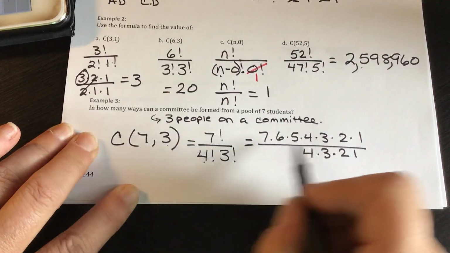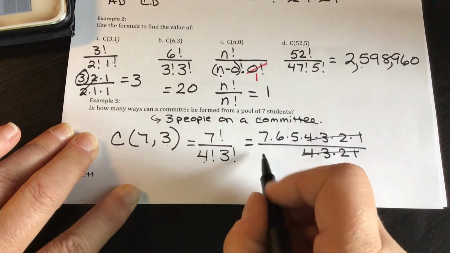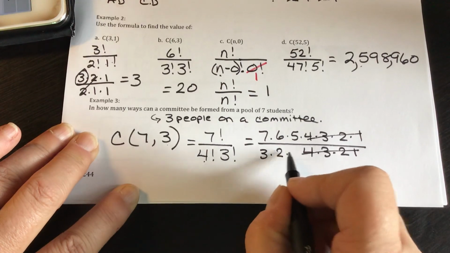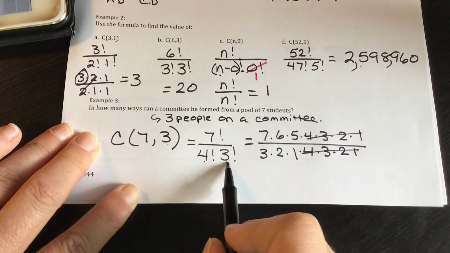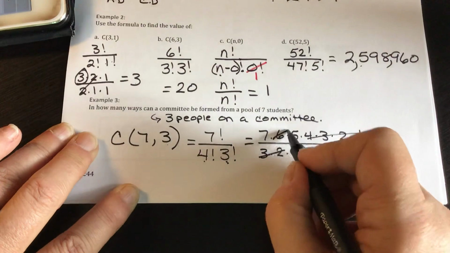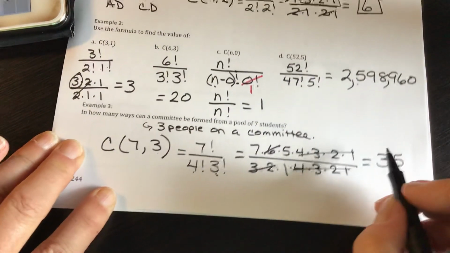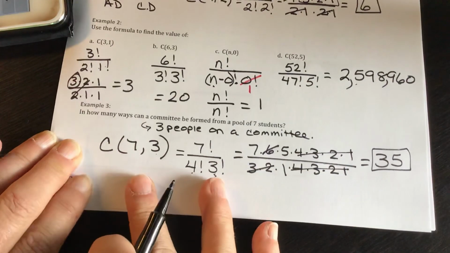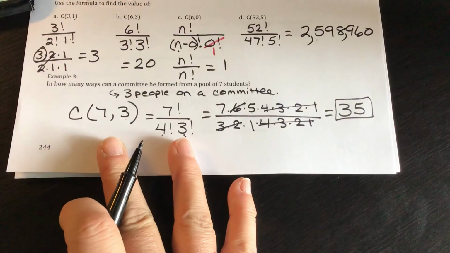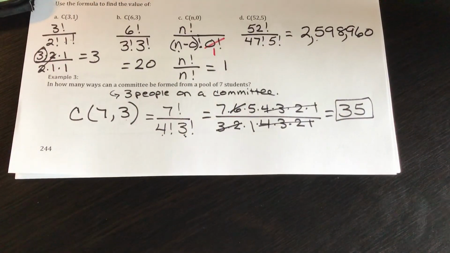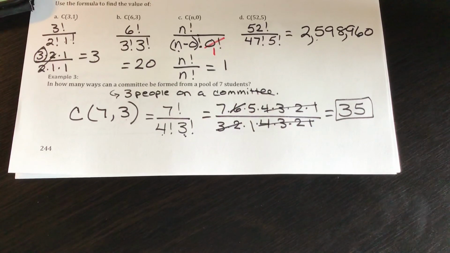The 4 factorials cancel. And then I have a 3 times 2 times 1 left, with a 3 factorial, and that goes into 6. And there's 35 ways that I can choose groups of 3 from a group of 7 students.